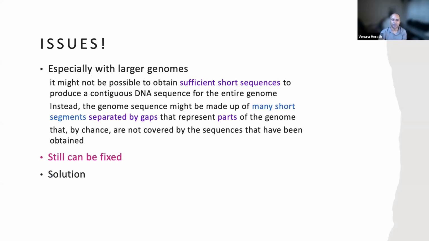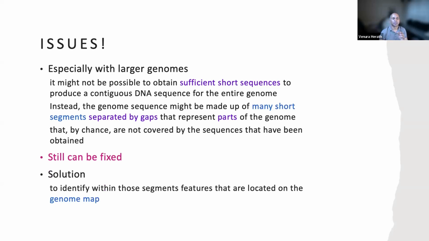And the solution was to identify these different segments based on your genome map. Okay, because remember I told you we are going to talk about why we use a genome map. So now you have one reason: you have small sequences and there are some gaps.